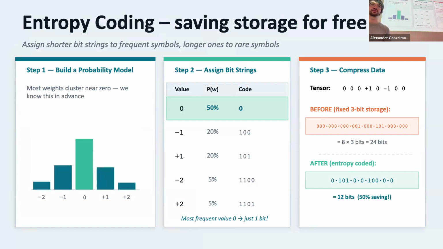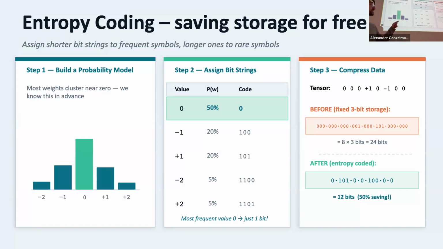Step one is that you build a probability model. With weights, we know they're kind of normally distributed. So we can, for example, assume a probability model that assigns larger probabilities to the value 0 and then decays to both sides. Using this probability model, you then, in step 2, assign bit strings to the values.